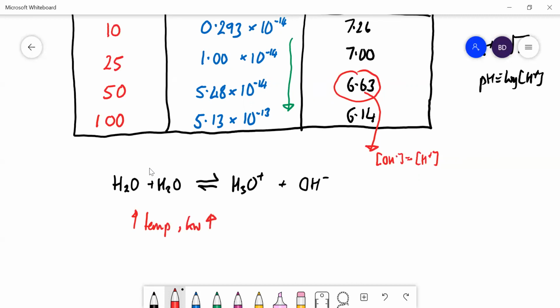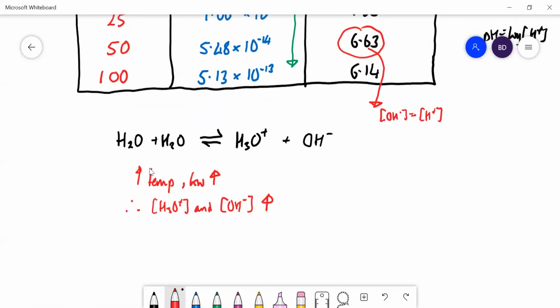So that means the concentration of H3O+ and OH- is increasing, which means increasing the temperature is moving the equilibrium to the right.